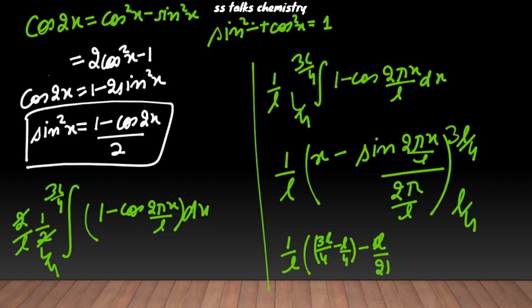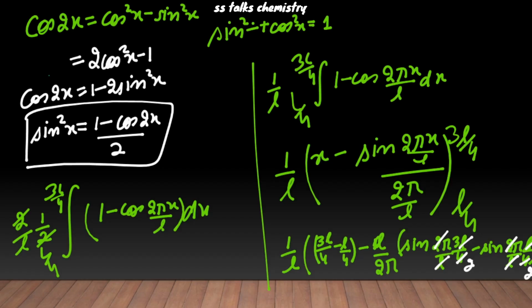I am taking it like this, substituting the limits in the sine functions: sine of 2 pi into 3L by 4 upon L minus sine of 2 pi L by 4 upon L. So here we are seeing that this L and L in both these cases will be cancelled out, and this will become 2. Here also it will become 2.